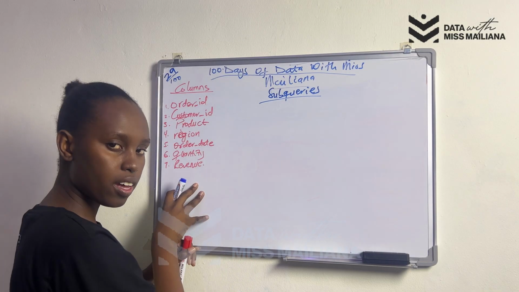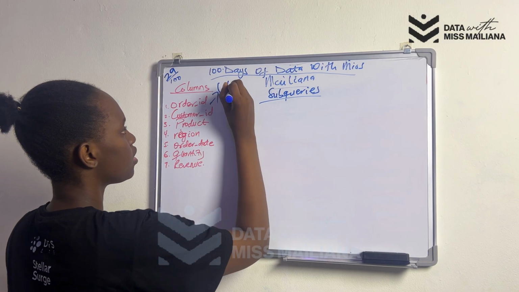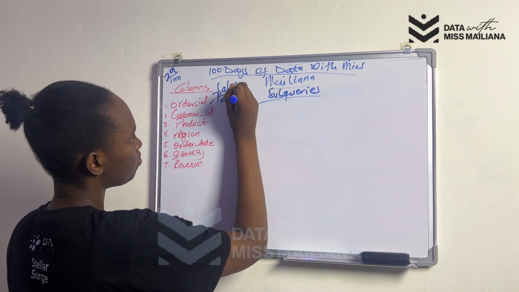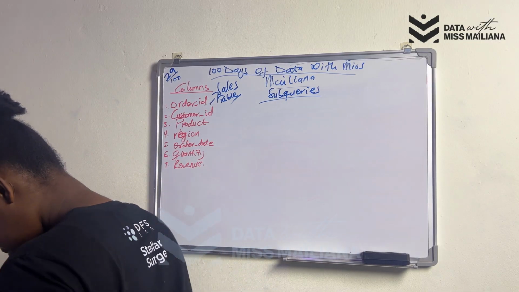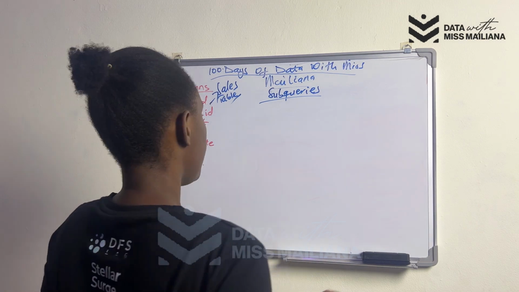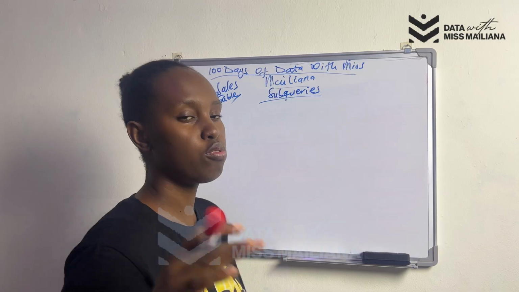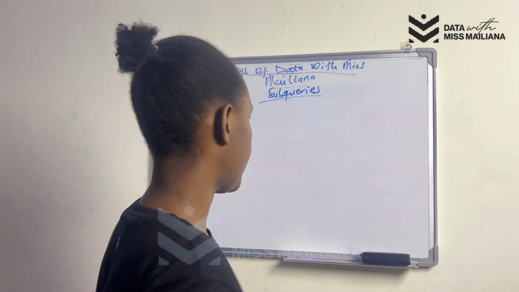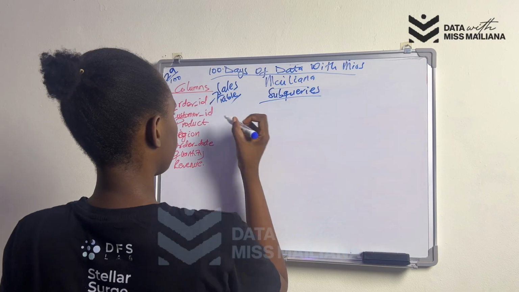So this is a typical sales table. Now we are going to look at a query that gives us the total revenue per product.